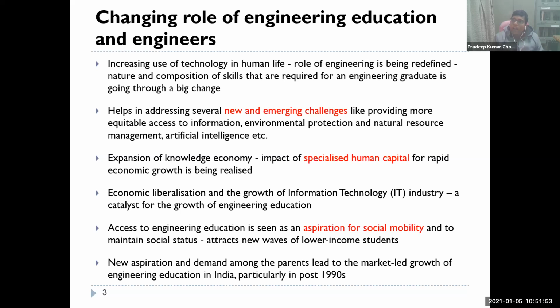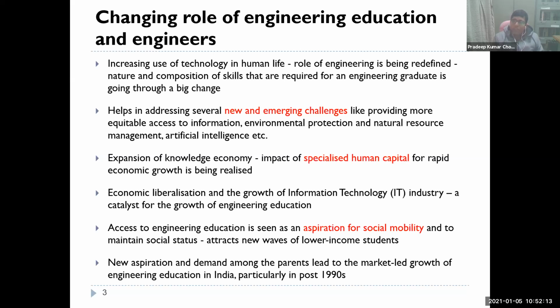For example, we are trying to provide more equitable access to information, because information is a critical need of the society today. Equitable access to information is an important concern, and through engineering and technical education, we are trying to provide equitable access to information.